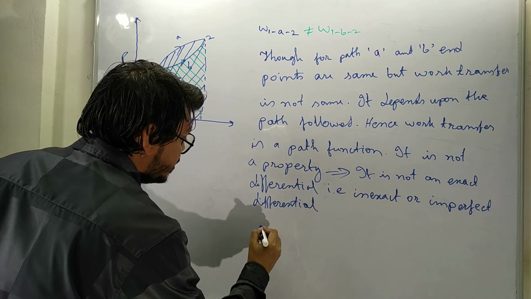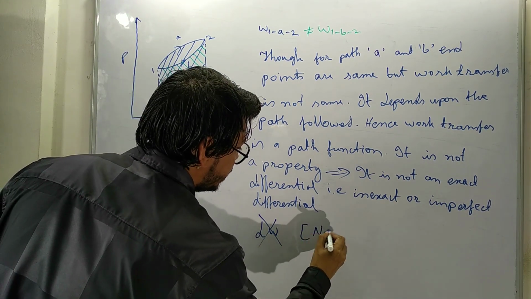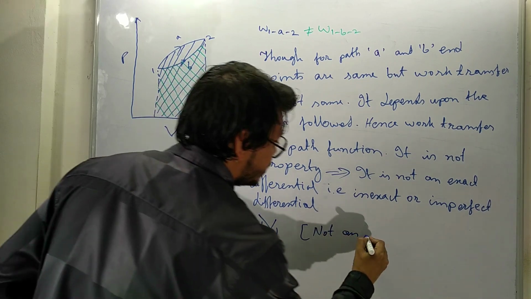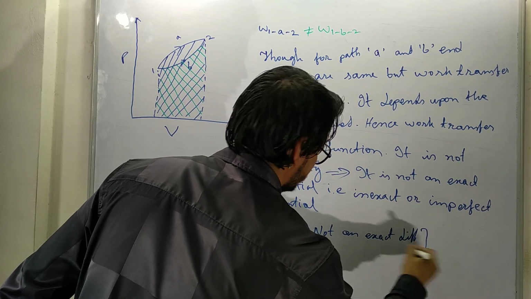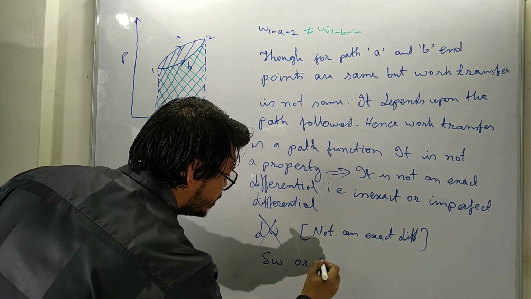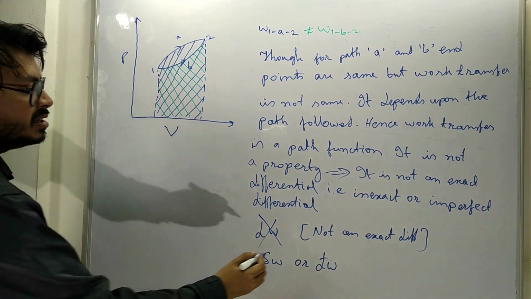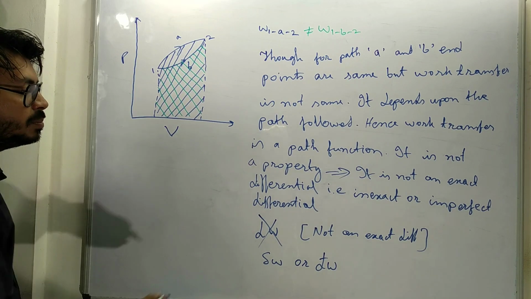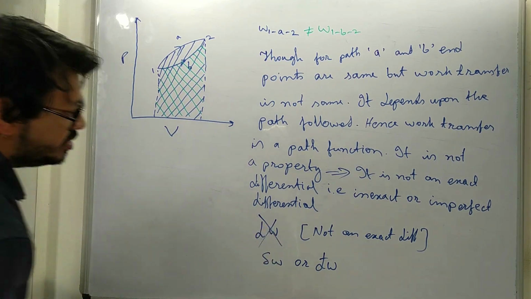That's why we do not write dW, not an exact differential. We write del W or d bar W. That is, the differentiation is cut by a line at its top to differentiate an inexact differential from exact differential.